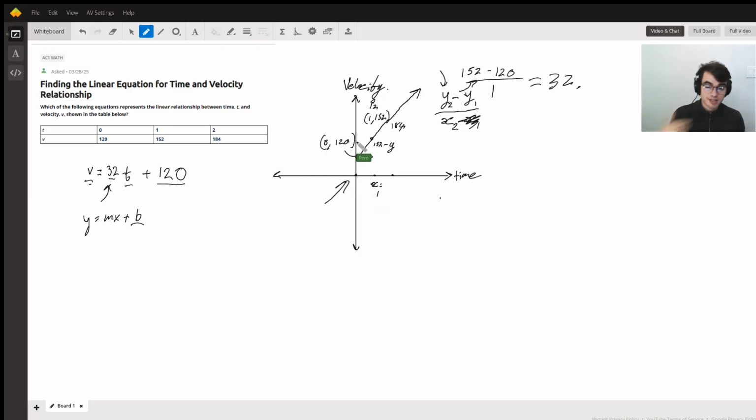In other words, if x is 0, or if time is 0, what is y? We are just given that value: 120. So we can plug that in and say that this formula must be v is equal to 32t plus 120, which is what we found intuitively to be true up here.